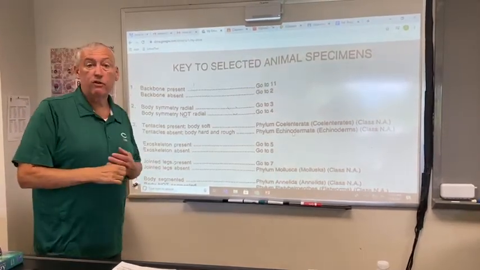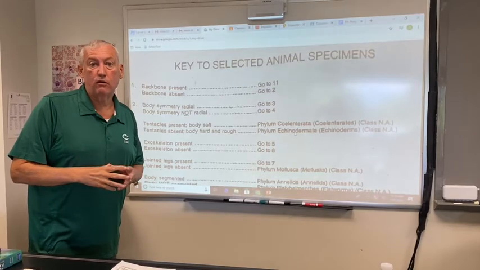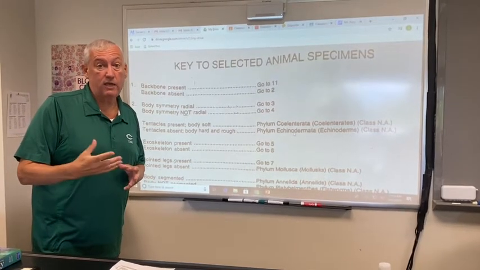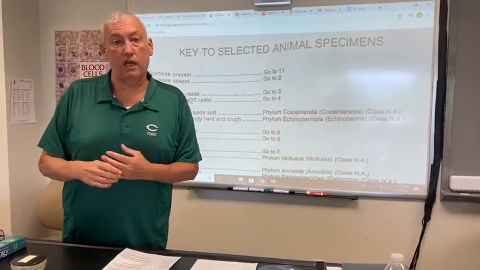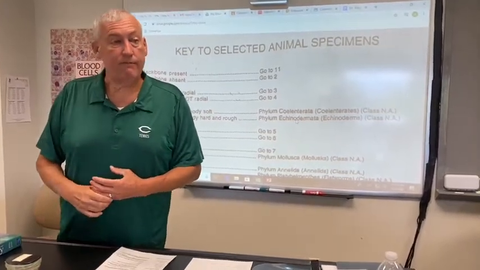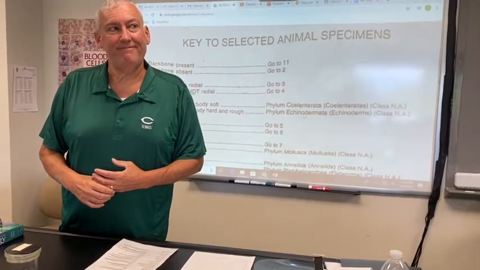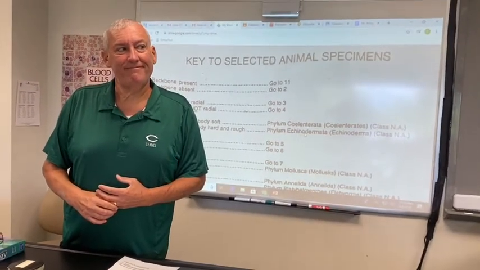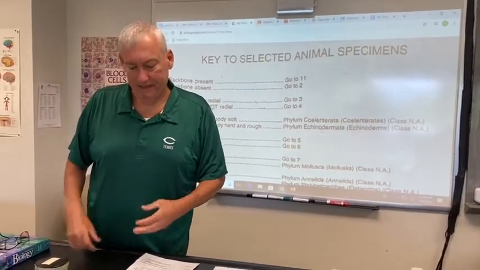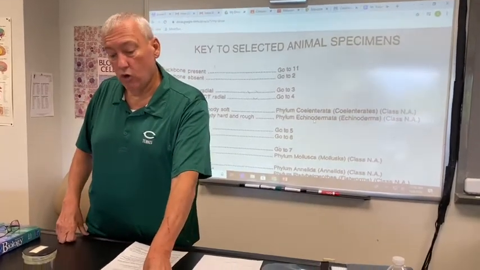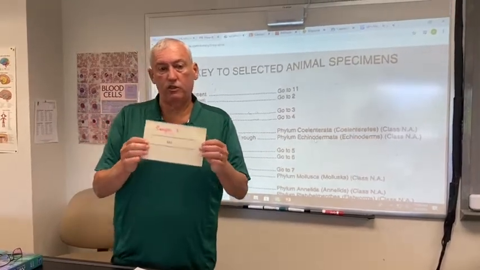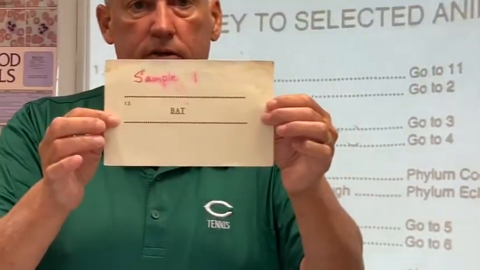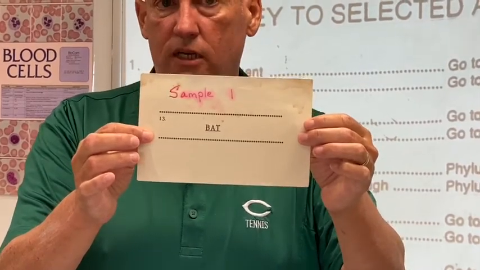Some of you might know or think you know, and some of you will take an educated guess. But if you're not really sure, with each specimen you're going to find a card, and on the back of the card is a little bit of a cheat sheet.